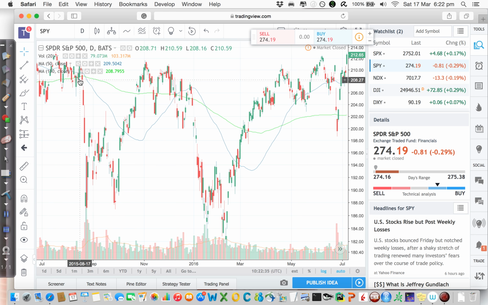Here, you see, when there was this crossover, that would have been a downtrend signal. Now here, the 50 crossed above the 150, but the 150 is still sloping down, okay? So we could have identified a new uptrend only here.